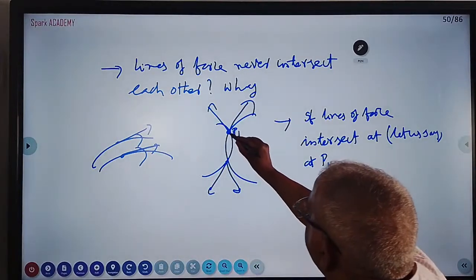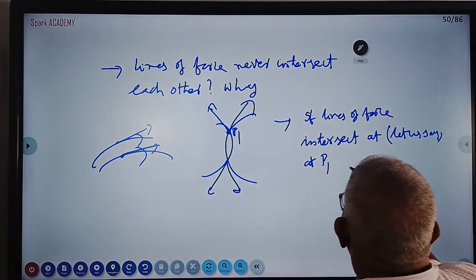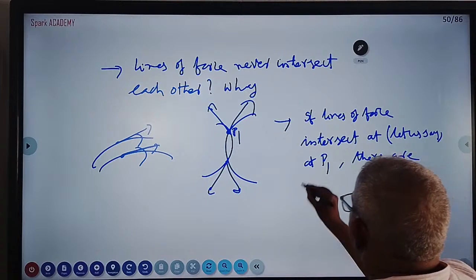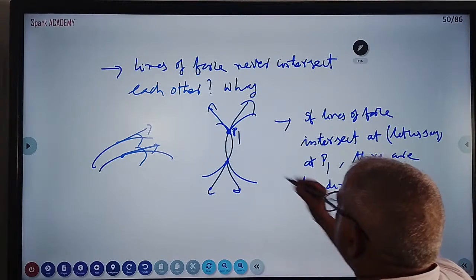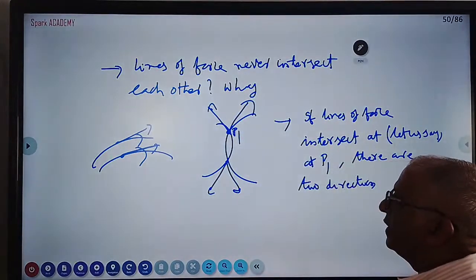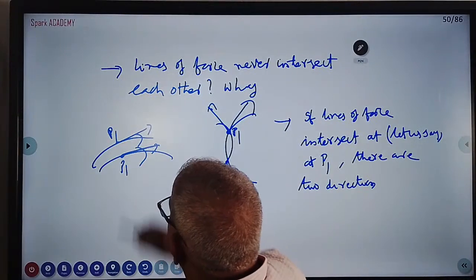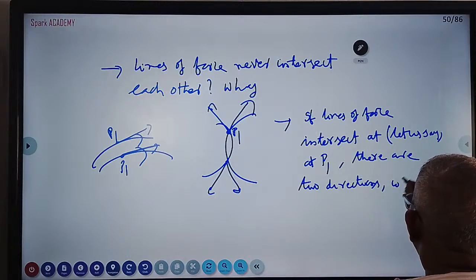But at the point of intersection, two directions are there. If lines of force intersect each other at P1, there are two directions at a given point. At a given point, only one direction should be there. Let us say P1 I am taking. Only one direction should be there. So two directions is not possible.